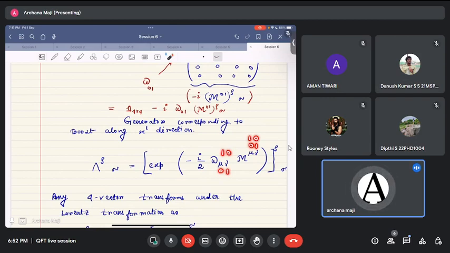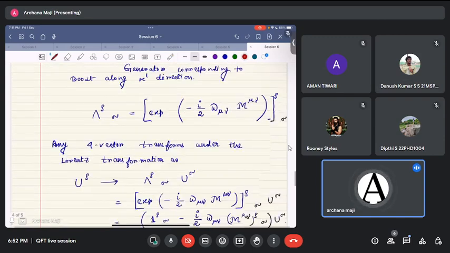Just to avoid counting two similar terms, we divide by 2, and this summation is over all indices. So this 2 is just to avoid overcounting.